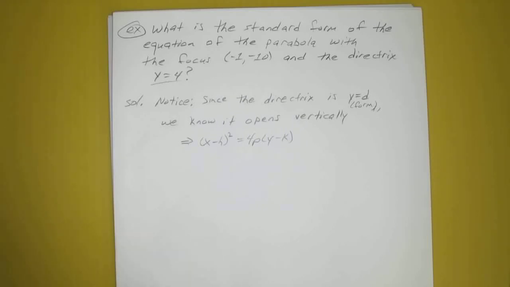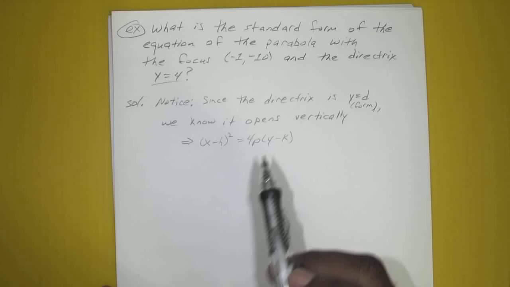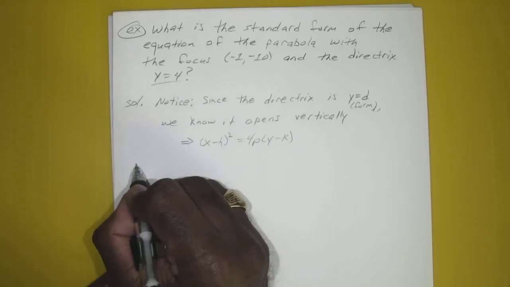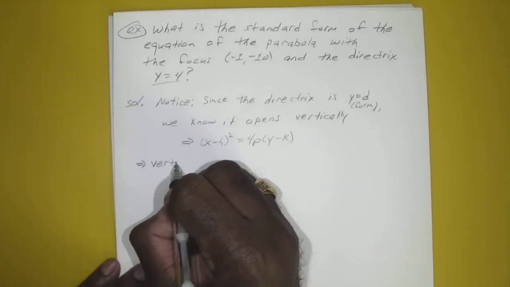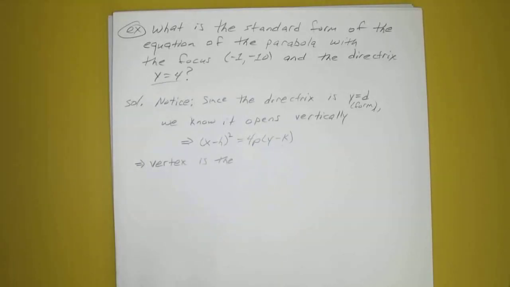Okay, so the first place we're going to look is to solve for our h and our k. That's our vertex. Okay, so we know the vertex is midway between the focus and the directrix.